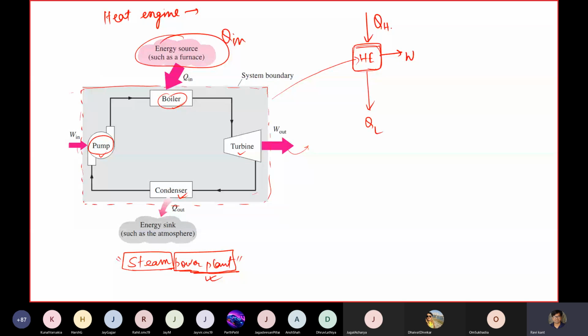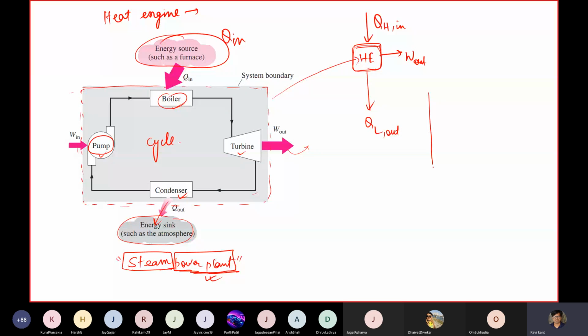It converts some work out from the turbine as work out, and it releases some heat from the condenser as Q out or Q lower out to the atmosphere, and it keeps working in a cycle.